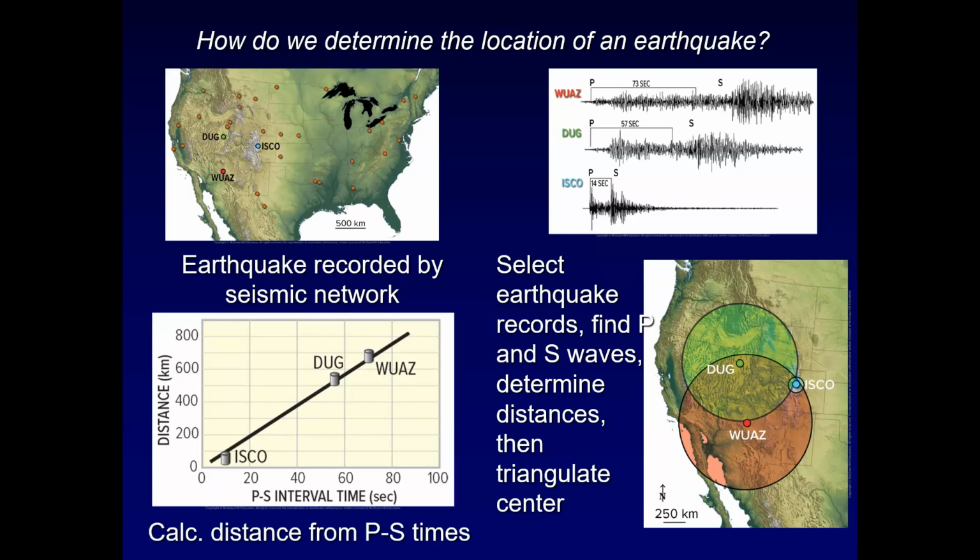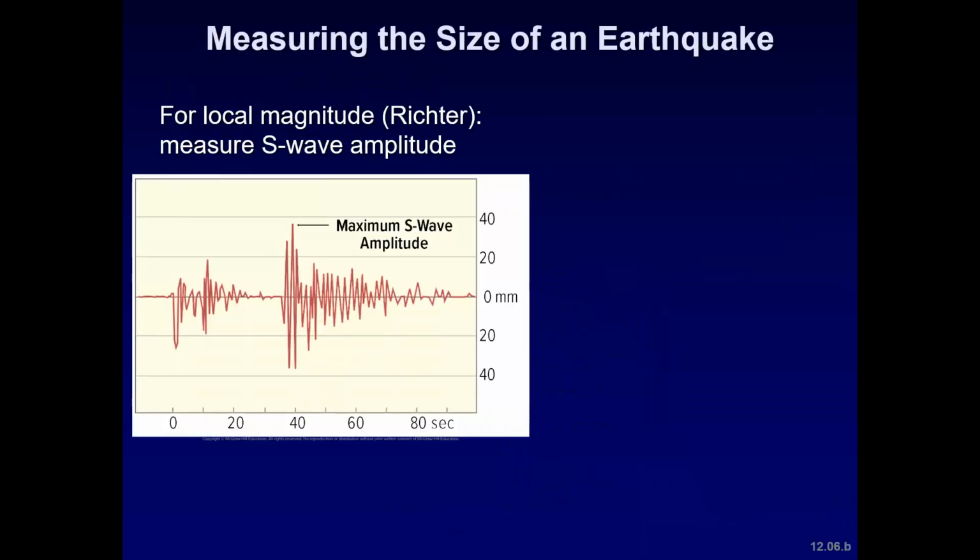The distances for each station are used to draw the potential location of the earthquake in any direction, which then makes a circle. The location of the earthquake is going to be where the three circles intersect. So in this case, we have an intersection right here. That's the location of our earthquake. But you've got to have three stations.